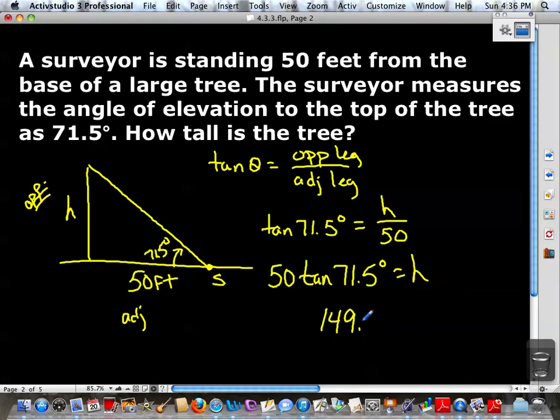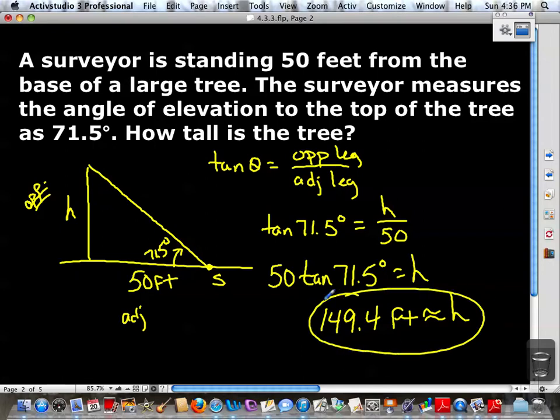I get 149.4 feet as my approximate height. So again, just taking 50, multiplying by the tangent of 71.5 degrees, the key being to remember that your calculator has to be in degree mode since our angle was given to us in degrees. Okay? So there's our final measurement for the estimated height of the tree.